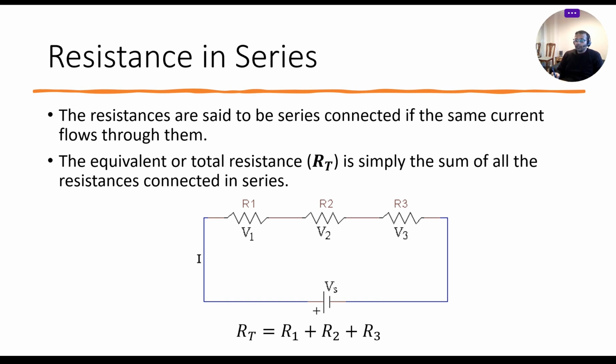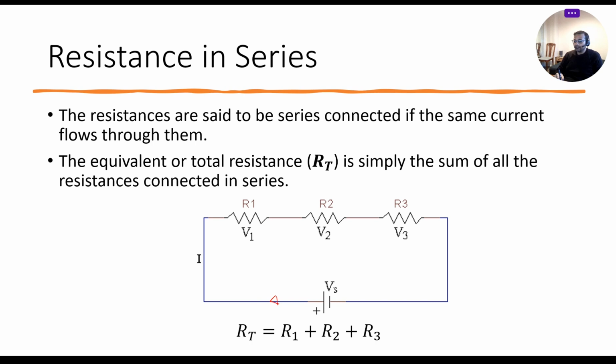Now, first of all, resistances in series. Resistances are said to be series connected if the same current flows through them. So these resistances are connected in series, the reason being the same current will flow through them.